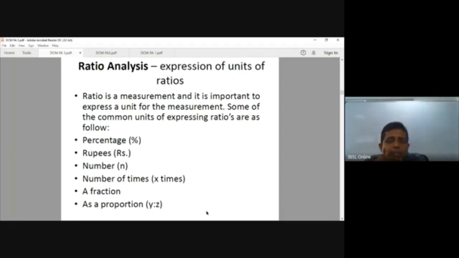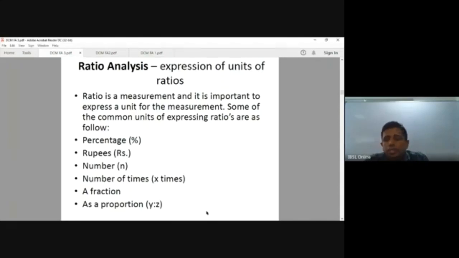Then a fraction. Sometimes ratios are expressed as a fraction, not as a number. There can be some fractions also. As a proportion, the best example I can quote is the current ratio and the quick asset ratio.